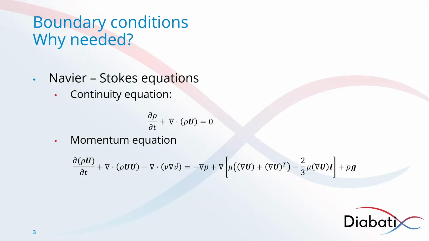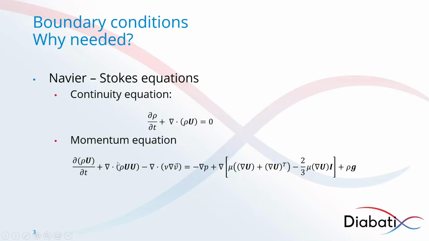But maybe first, why do we actually need boundary conditions? In CFD software, the Navier-Stokes equations are solved. If we just ignore the other variables for a moment, like the turbulence and the energy, we have a minimum of 4 equations that need to be solved.